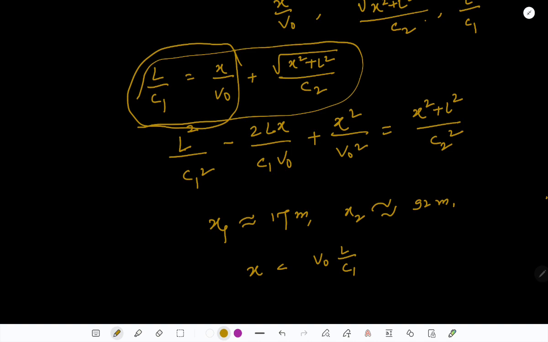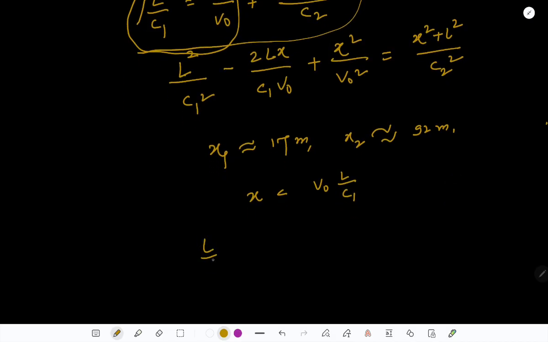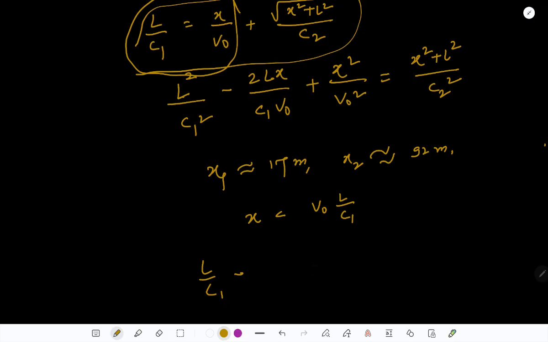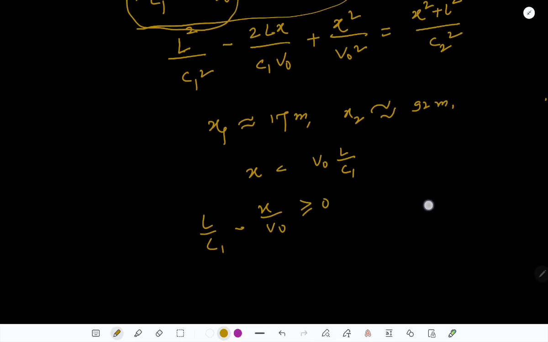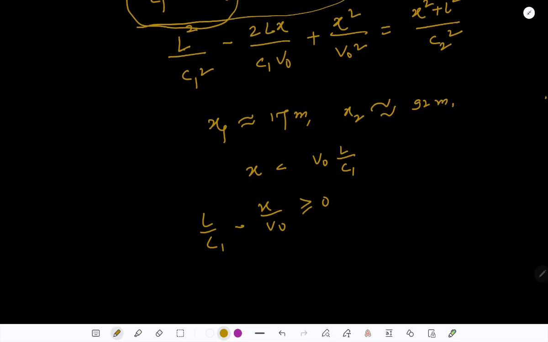Beginners, you can write here that L by c1 minus x by v naught is greater than or equal to 0. And from here you get that x should be less than or equal to v naught L upon c1.